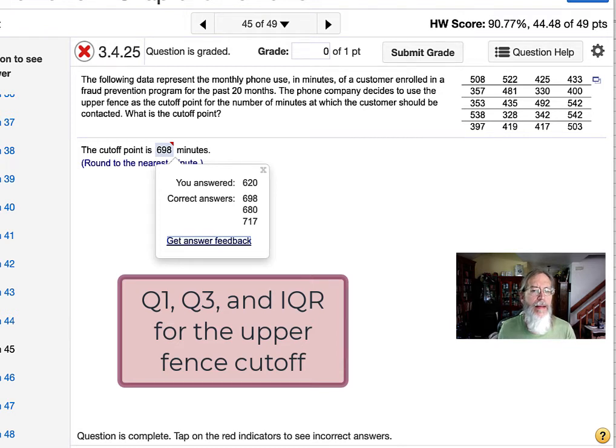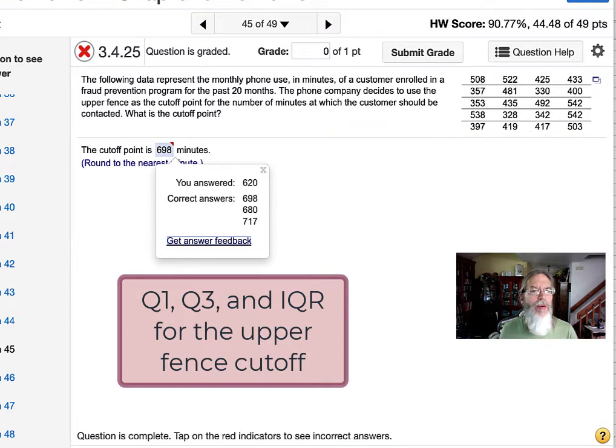Hi, I want to look at a problem from Chapter 3 that deals with trying to find outliers using quartiles, which are tied with median. So we're going to have to deal with the IQR.